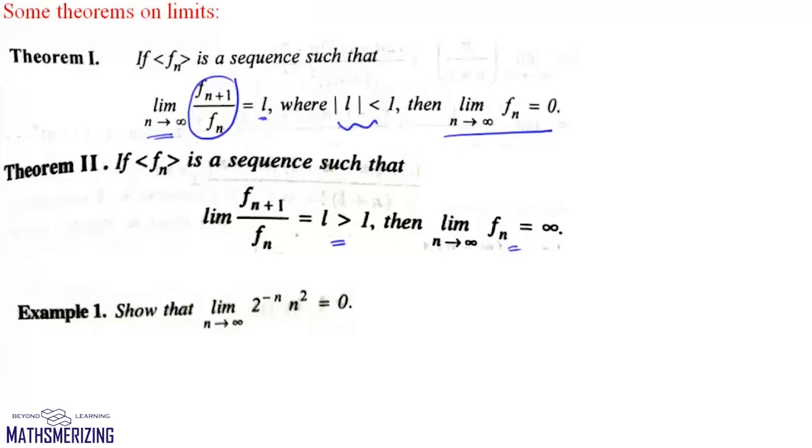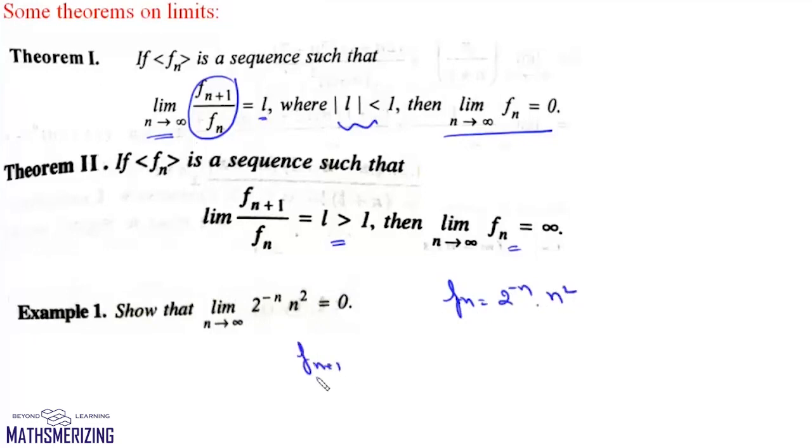Say for example, show that this limit, n tends to infinity of 2 to the power minus n into n square, is equal to 0. Now what we'll do is we'll write f_n as 2 to the power minus n into n square.